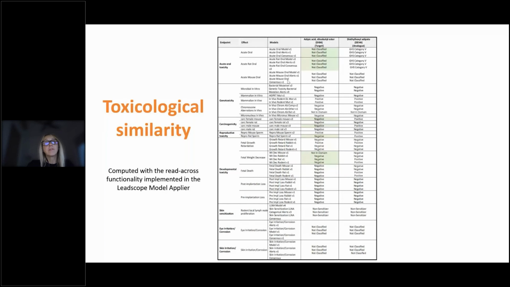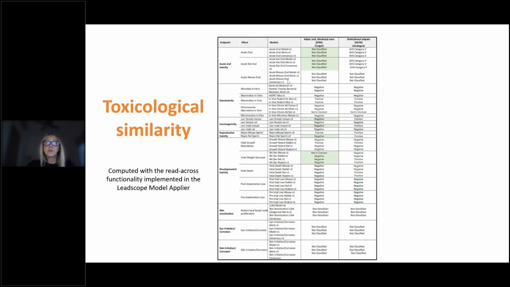Let me also emphasize that with respect to this toxicological similarity, the goal here is really to determine whether the target has a similar biological behavior as compared to the selected analog, meaning that what we do not want is that the target triggers adverse effects that are not covered by the analog.